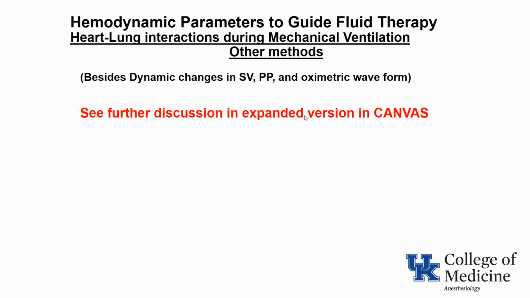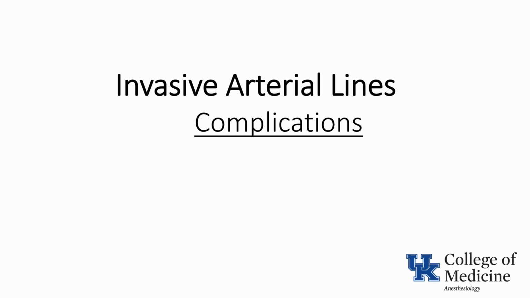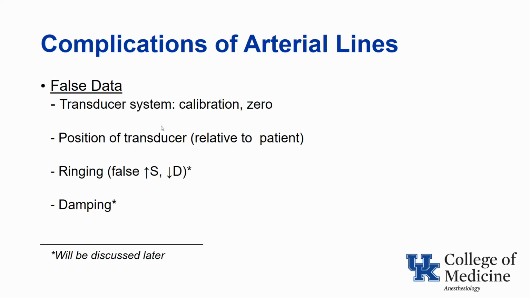In the expanded version on Canvas, I have gone into great detail on other methods of evaluating fluid therapy during mechanical ventilation. Let me now turn to the important topic of complications of invasive arterial lines. The most important are false information.